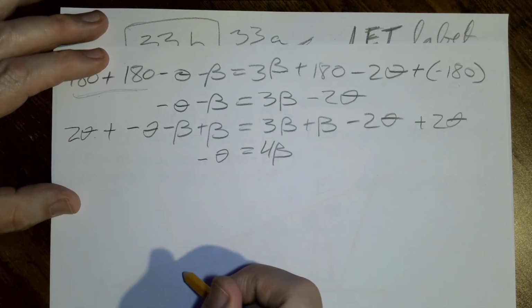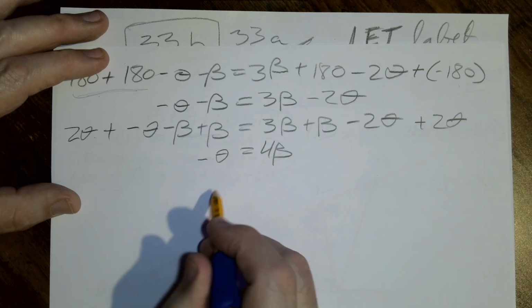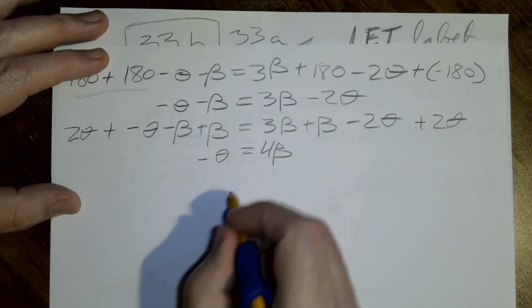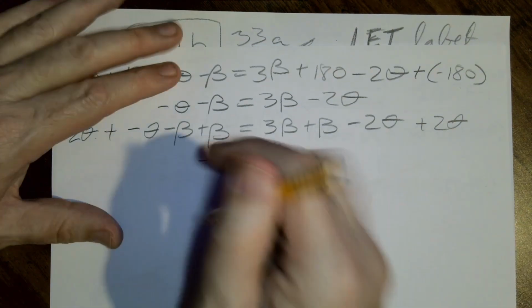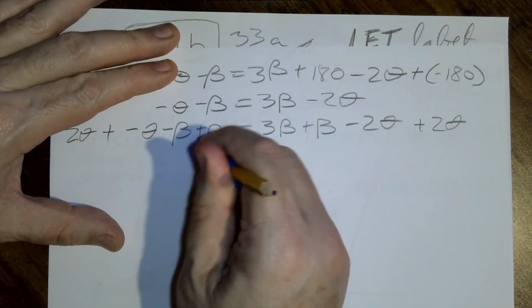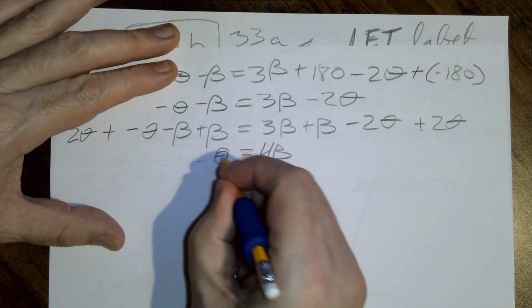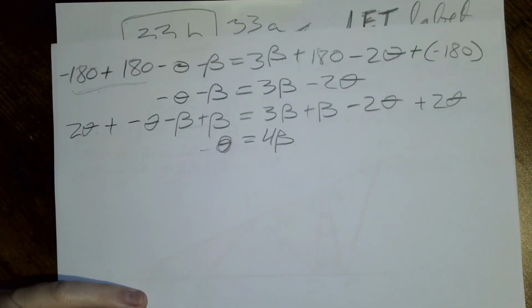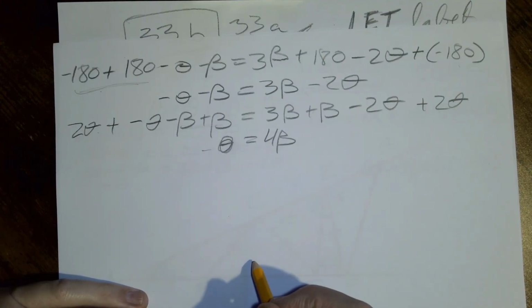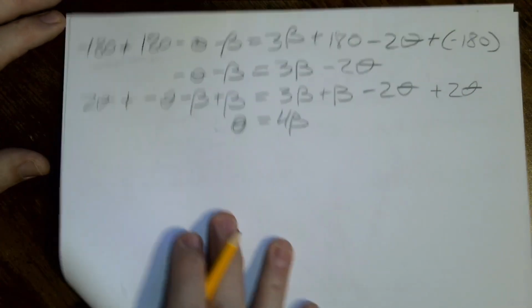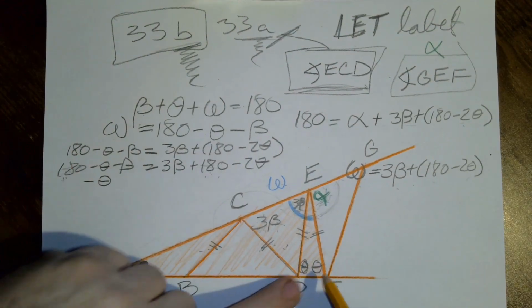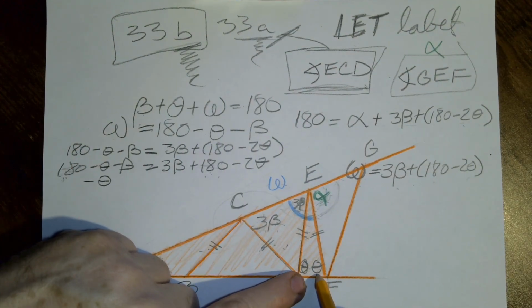So here we have those betas going away, and this would be just our theta. 2 theta plus 1 negative theta equals theta. So theta is equal to 4 beta. Theta is equal to 4 beta.